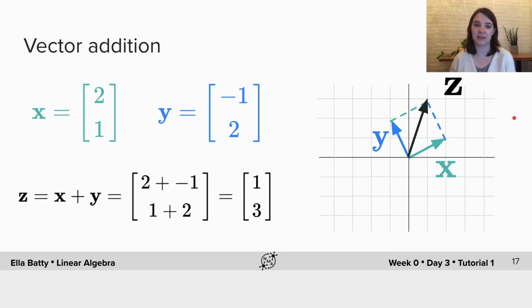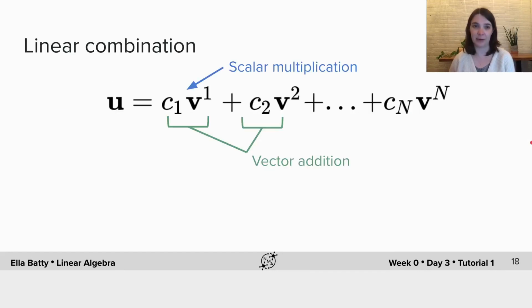And because this is symmetric, we could first go up y and then stack x on top of that and get to our added vector. You can also think of the addition of two vectors as finding the fourth vertex of a parallelogram, where the other three vertices are the origin and the tips of the two vectors. And you'll see that in the next demo.